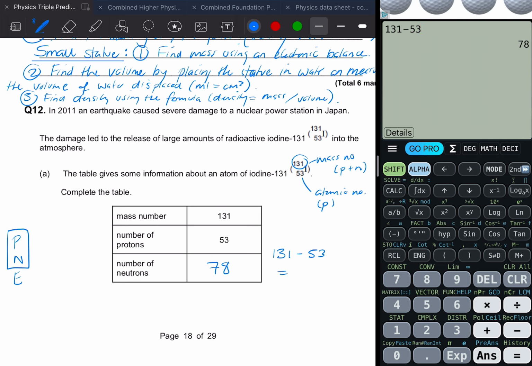So if we've said 53 protons, 78 neutrons, we'd have 53 electrons because we've got the positive charge and negative charge. Just do that, 53 plus 78. It should add up to 131. Yes, it does. So it must be 78.